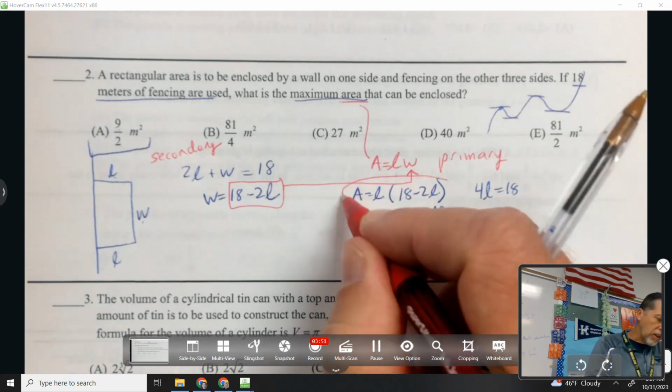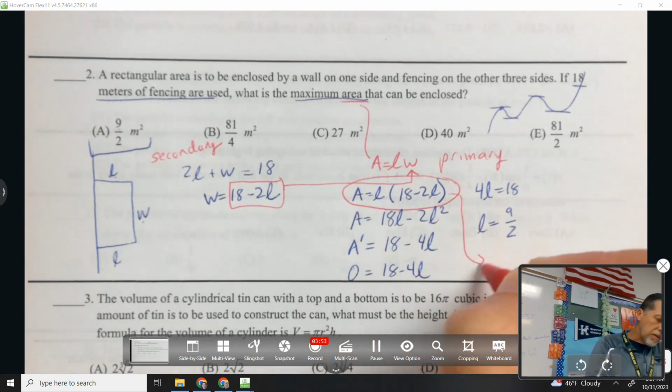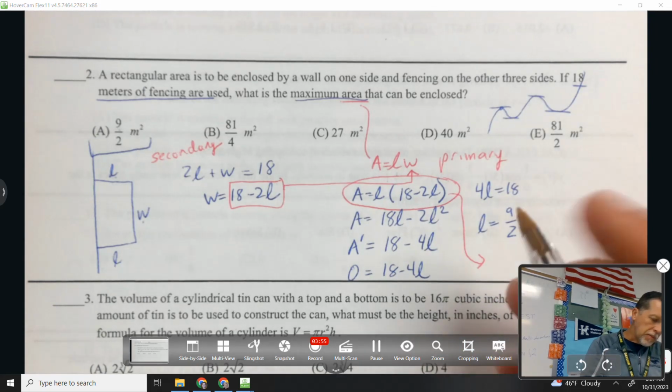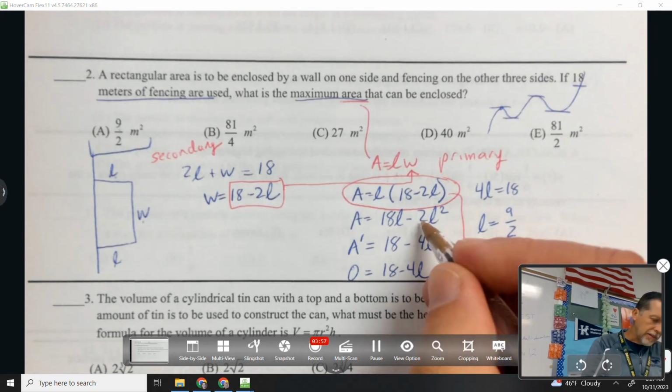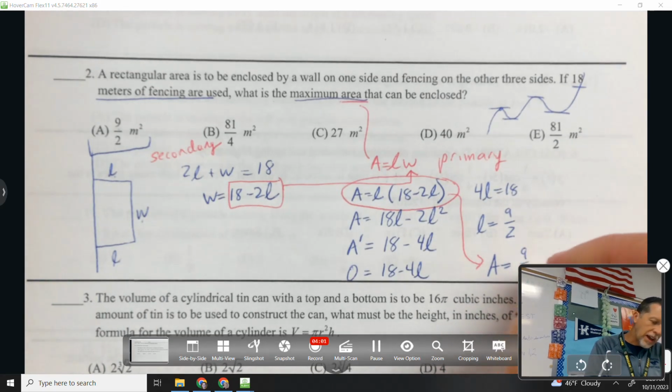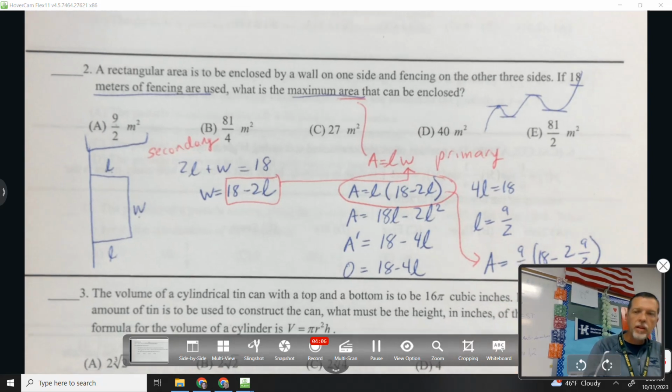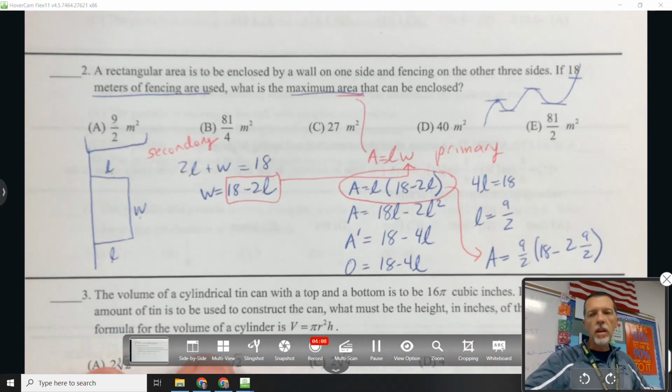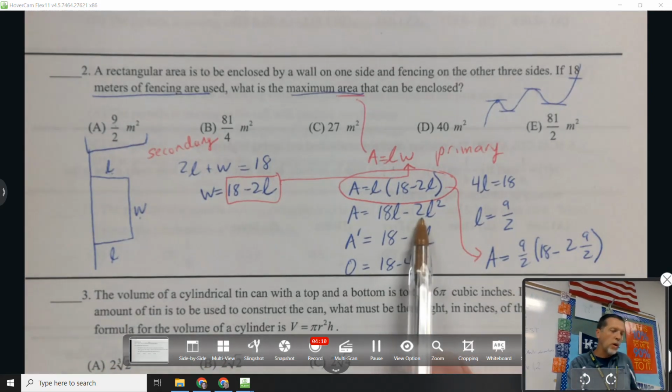I think I'm going to use this one. Any of the area equations would work. 9/2 times 18 minus 2 times 9/2. I picked that one just to avoid squaring 9/2.